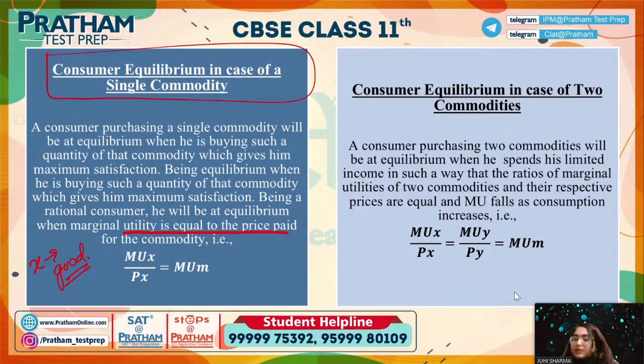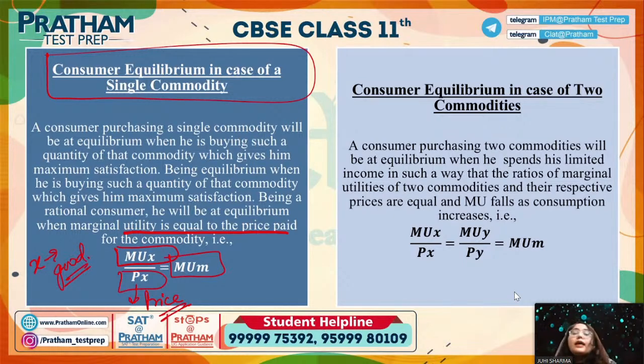So the formula for this is the marginal utility of a good X. You divide that marginal utility from the good X, जो आपकी जो last unit आपने consume किया उसकी जो आपकी utility मिली है उसको आप divide करो from price of the commodity Px. Px is the price of the commodity, and then you will get the marginal utility of the money spent. Okay, so this happens in the single commodity case.